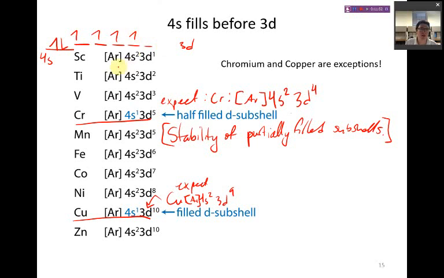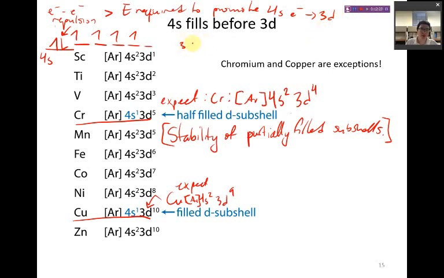The reason why we get these half-filled subshells is because the electron-electron repulsion within the 4s subshell is greater than the energy required to promote the 4s electron to the 3d subshell.